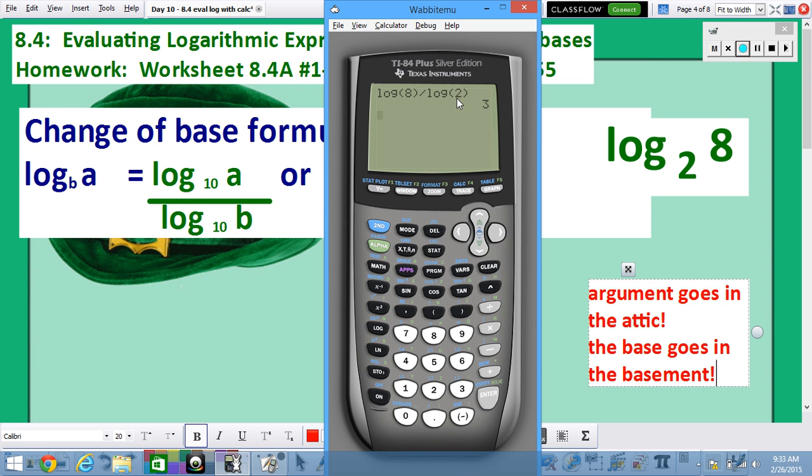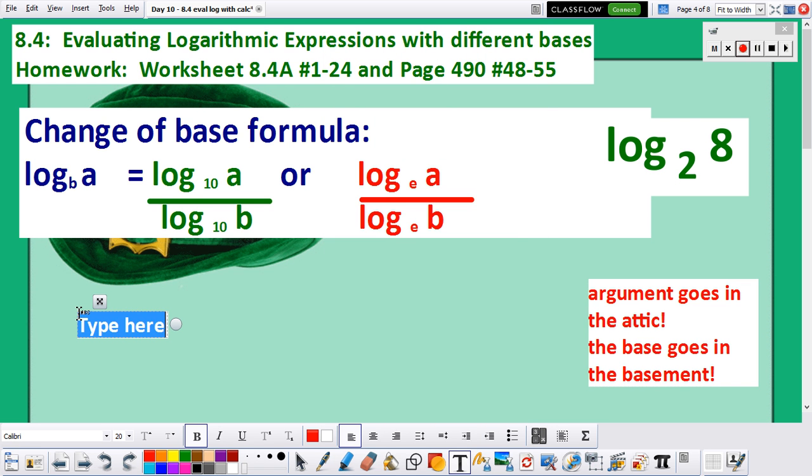So let's just do a few others that we know. For example, we know log base 16 of 4. We know what that is, because 16 raised to what power gives us 4? 1/2.